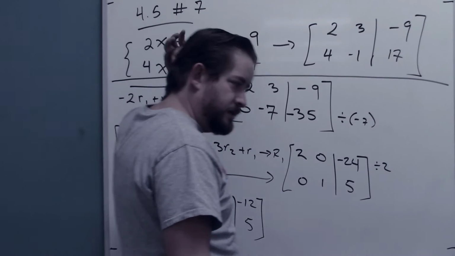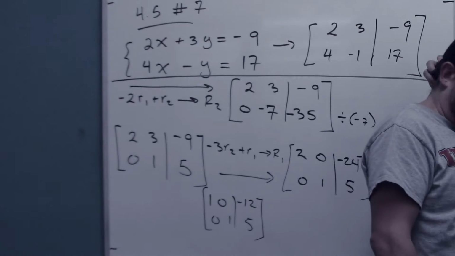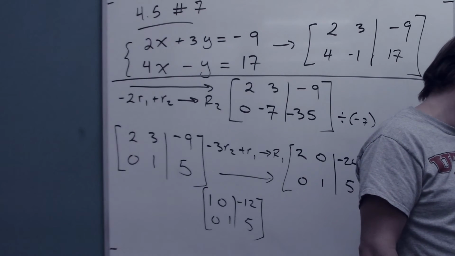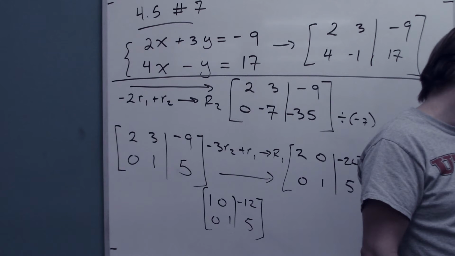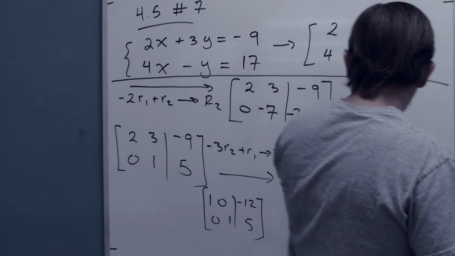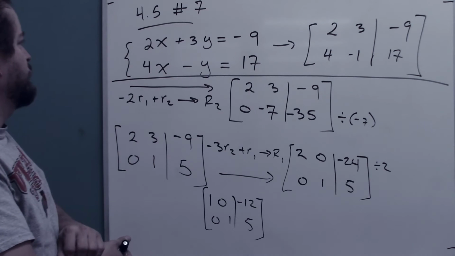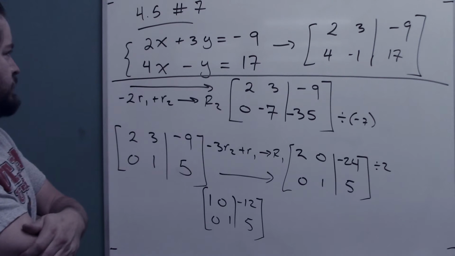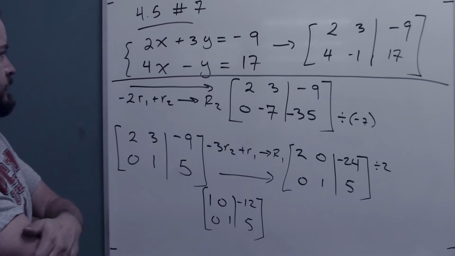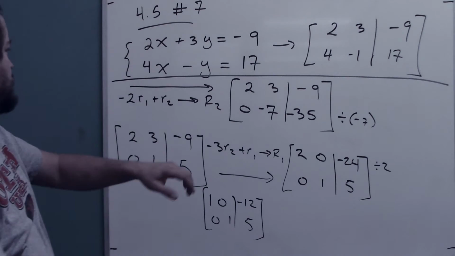This is number 7. So I've plugged it in. The answer says that I am wrong. Shocker. So let's see if I can figure out why. I went negative 2 row 1s.